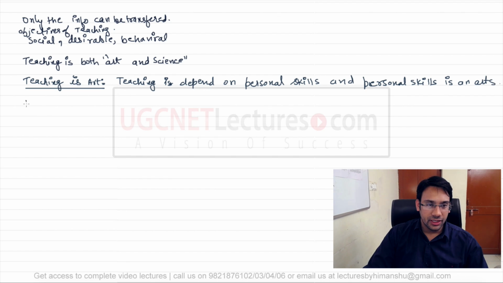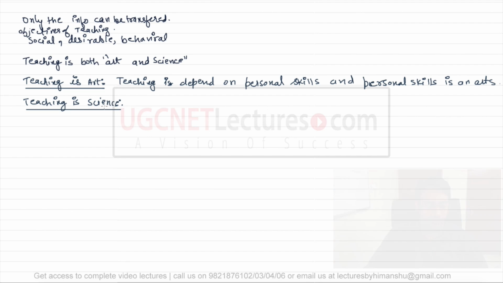And when I'm saying teaching is science, it is because teaching follows a systematic methodology of transferring information. So teaching will be successful if it is systematic, and if something is systematic, then that is called science.